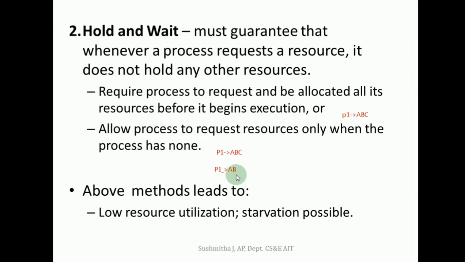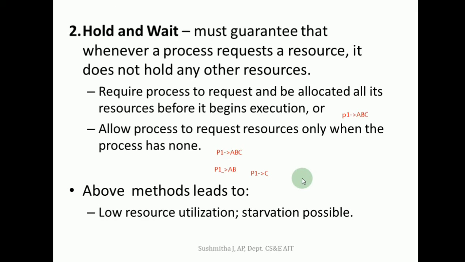If process 1 wants to request resource C, it has to release both A and B, and only then can it request C. So that is what these two protocols tell.